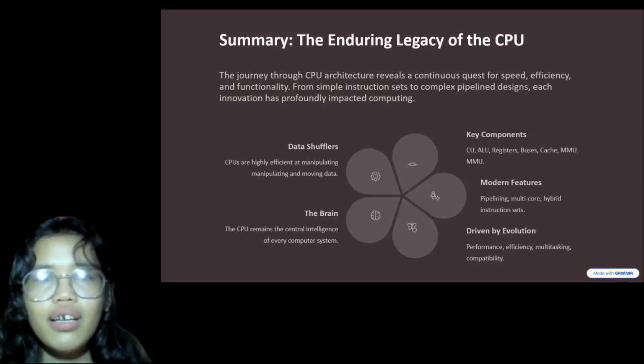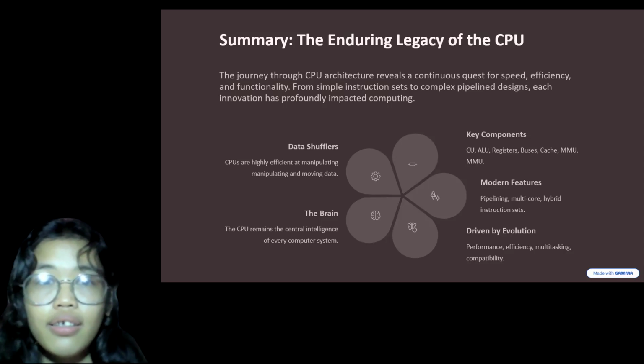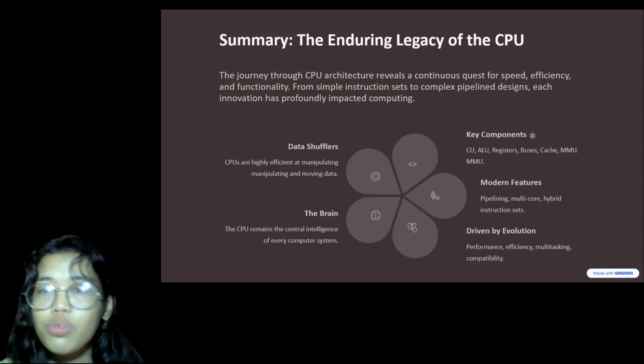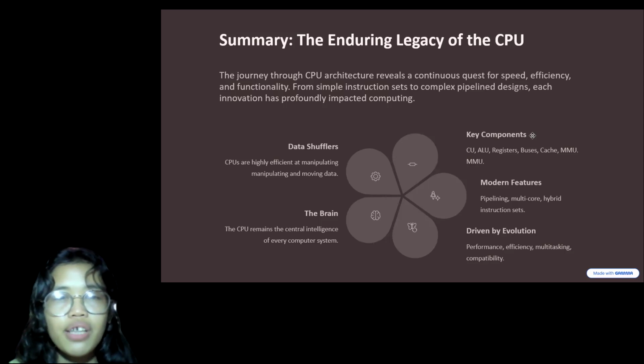In summary, the journey through CPU architecture reveals a continuous quest for speed, efficiency, and functionality. From simple instruction sets to complex pipeline designs, each innovation has profoundly impacted computing.